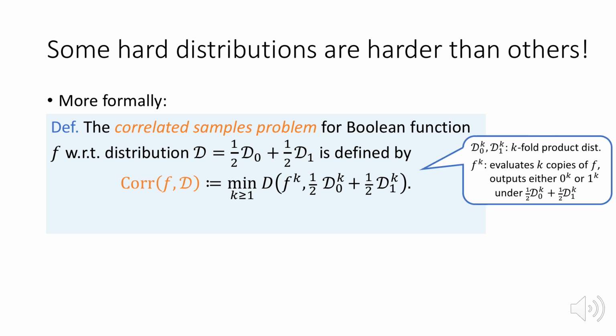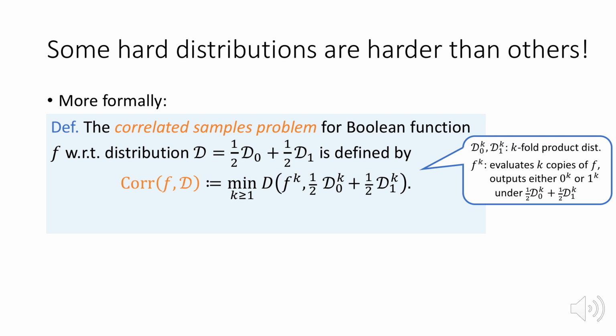Here, f to the k is a function that evaluates k disjoint copies of f, and d0 to the k and d1 to the k are k-fold product distributions. So in particular, under the distribution 1/2 d0 to the k plus 1/2 d1 to the k, f to the k outputs either k 0s or k 1s.